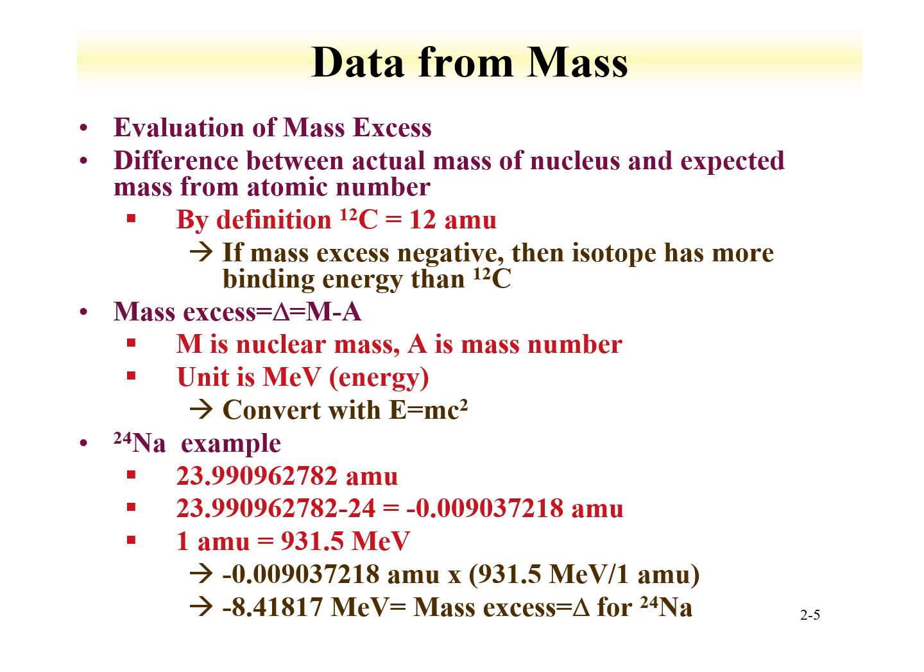So, for instance, if we define carbon-12 as 12 AMU, that's the definition, we can talk about something called a mass excess. If the mass excess is negative, then the isotope has more binding energy than carbon-12. And the mass excess, it's a term that we're going to introduce. It's this delta term, and it's equal to the nuclear mass minus A, the mass number.